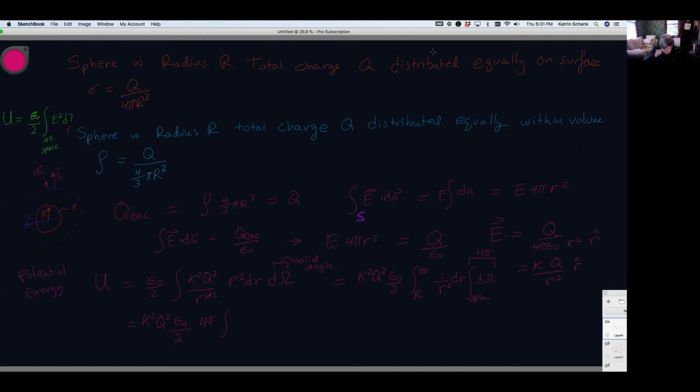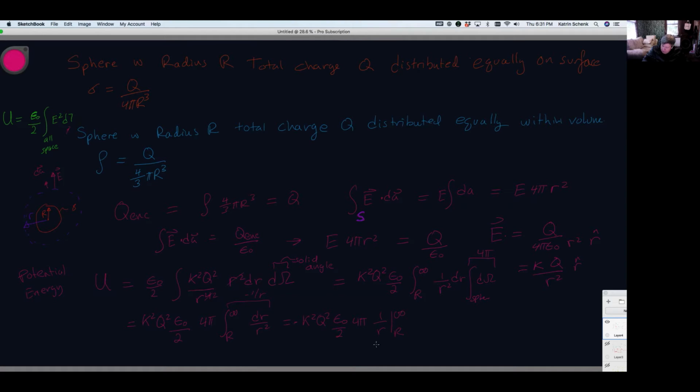Anyway, okay, let's do this. We've got r to infinity, and we have dr over r squared. And this integral here is minus 1 over r. So we get k squared q squared epsilon naught over 2 times 4 pi times, we've got a negative sign out here, 1 over r between big R and infinity.